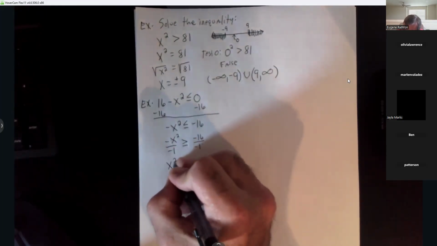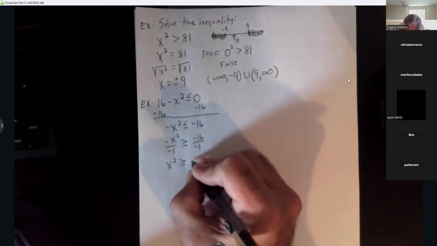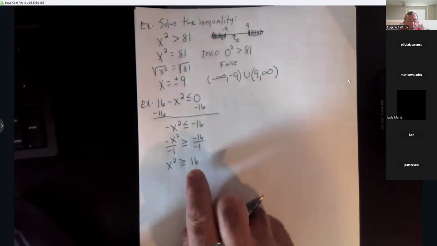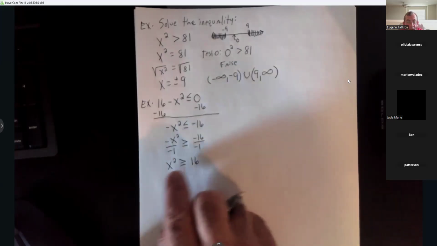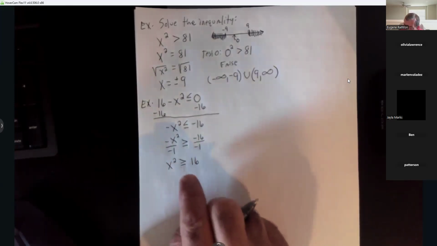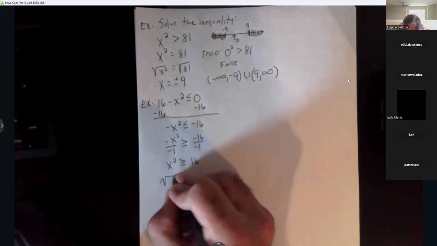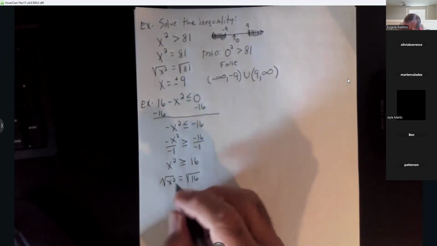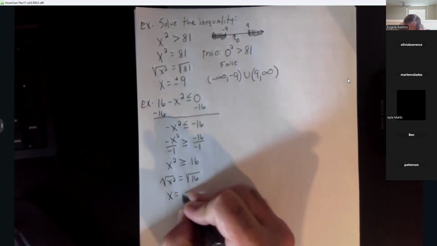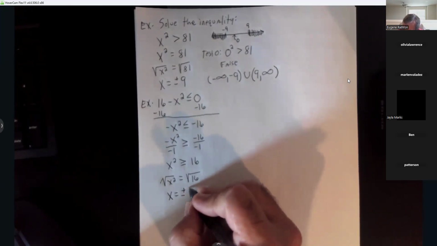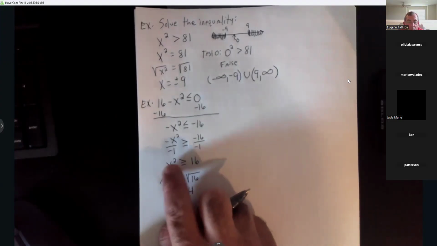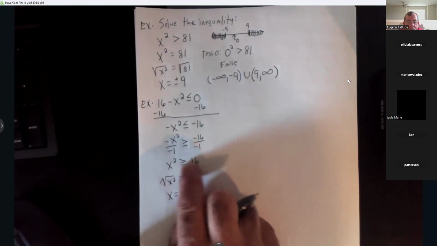So you got x squared is now greater than or equal to a positive 16. This is the one I'm going to test, where I got everything solved. Now, to finish that out, I'm going to take square roots of both sides. Square root of x squared is x. That's going to equal a plus or minus square root of 16, which is 4. All right, so there's my two numbers, -4 and 4, and I'm going to test that equation right there.